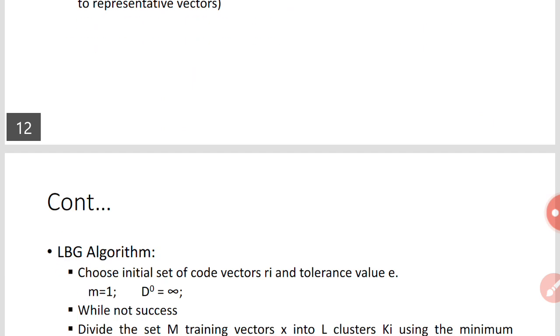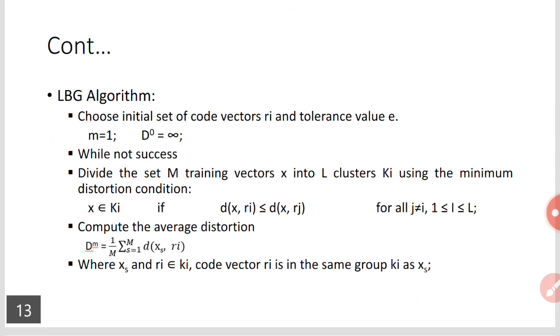Now let us discuss the LBG algorithm. The first step is to choose an initial set of code vectors, or representative vectors, from the training set.